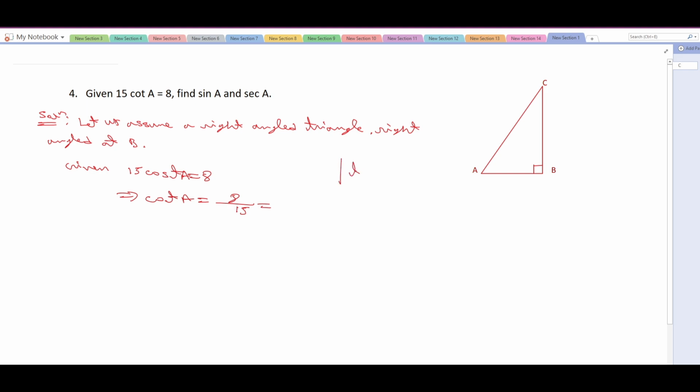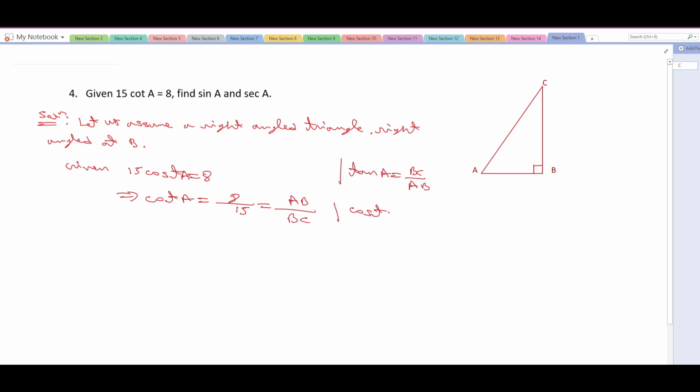Since tan A equal to BC by AB, cot A equal to AB by BC.